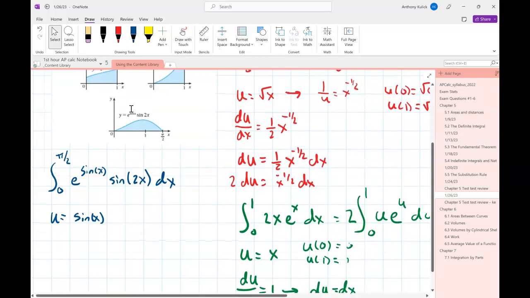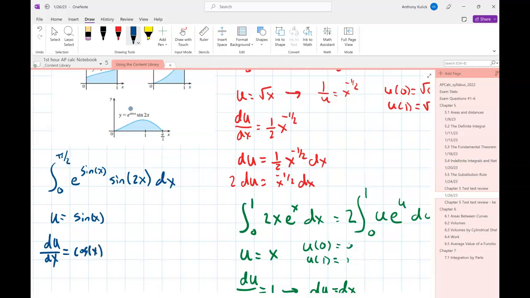And then du dx then should be cosine x, or du equals cosine x dx. But now I'm a little worried here, because when I look at my integral, I don't have a cosine x anywhere in there, right?